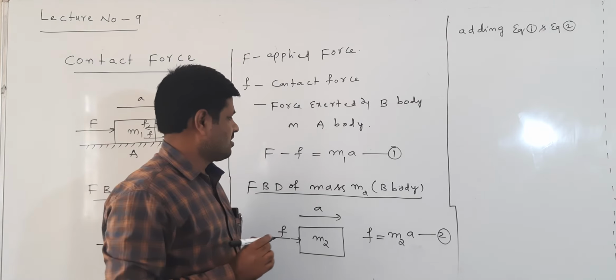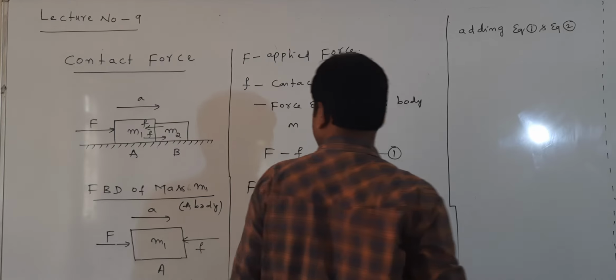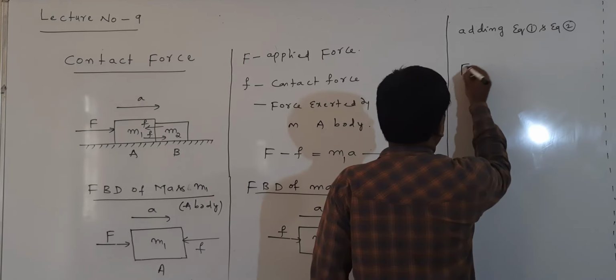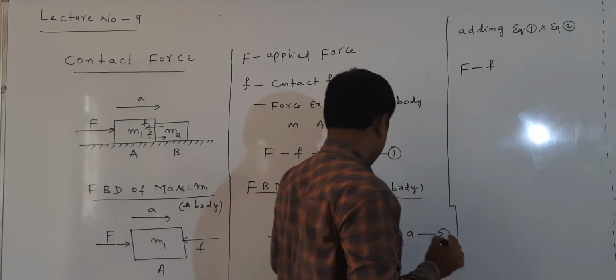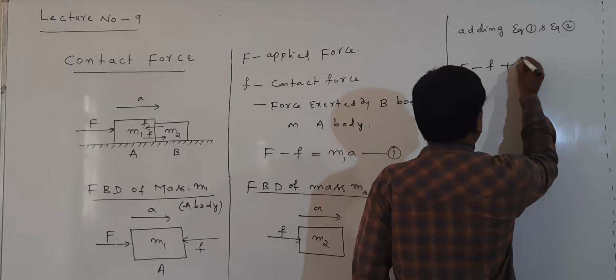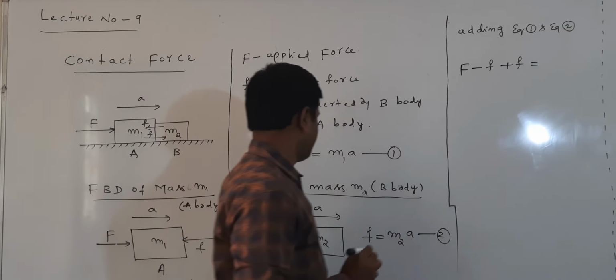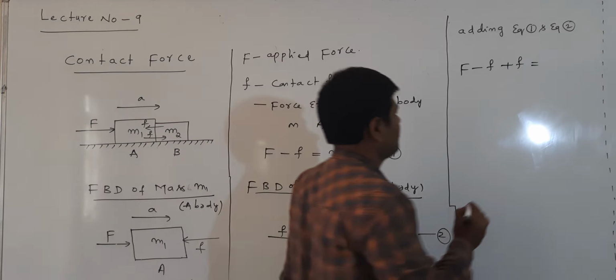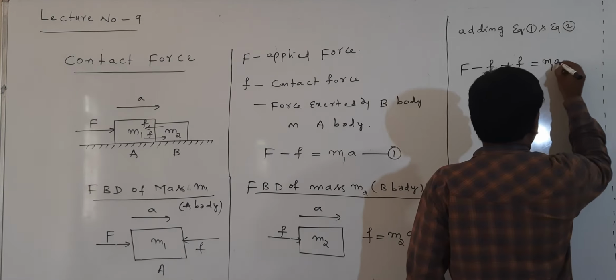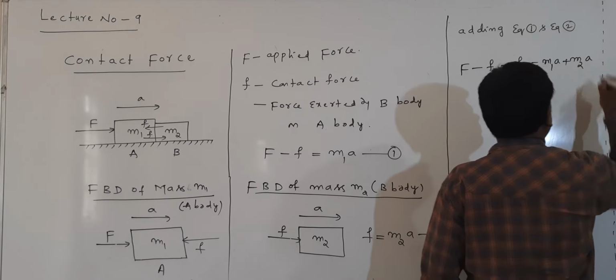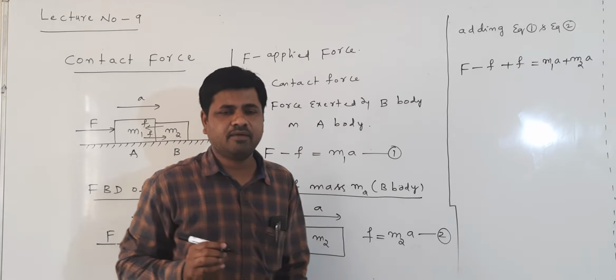When adding equation 1 and equation 2, what are we getting? On the left hand side we add F minus F plus F, and similarly we add the right hand side also. We get M1A plus M2A.